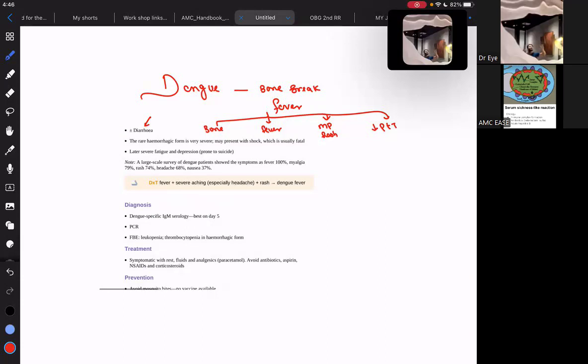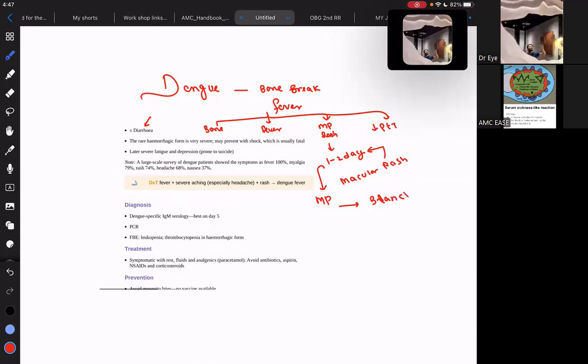Okay, this maculopapular rash, please remember that it happens after 1 to 2 days. Initially it will be a macular rash, and after 1 to 2 days, this macular rash is converted into a maculopapular rash. It just looks like a scarlet type of fever. Sorry, a rash, which is blanching.